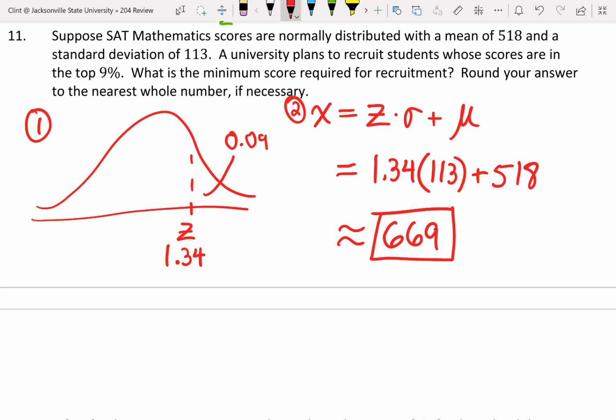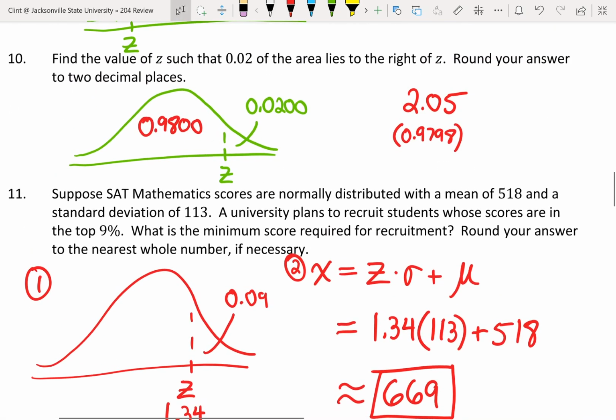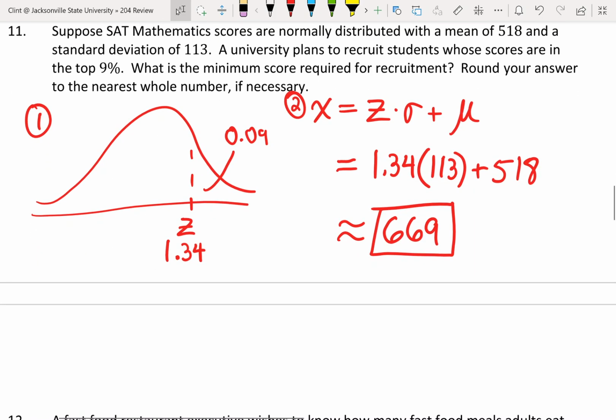Or you could do 1 minus that and look for that area, and you'll get positive 1.34. Anyway, it's just like we did on number 10. Same thing as on number 10. So questions on that one? It has a pretty good bit going on.